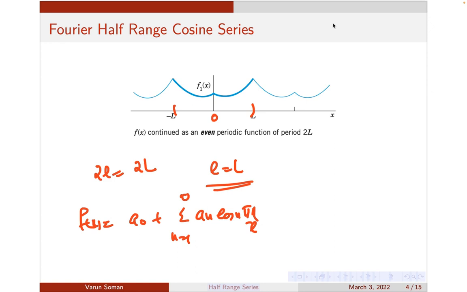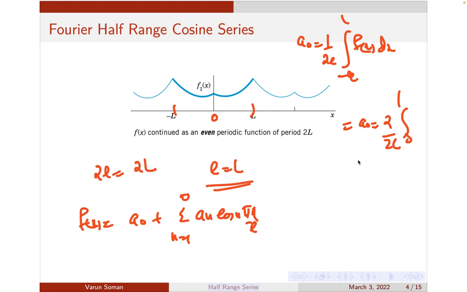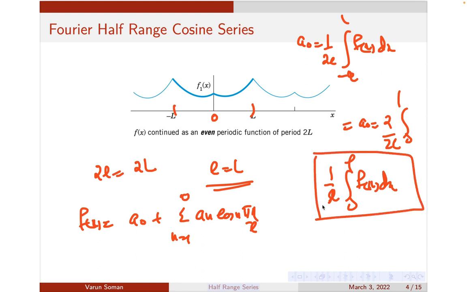Okay, so what will happen? Your value of a naught was actually 1 by 2L integral, now from minus L to L f of x dx. In other words, a naught is equal to 2 times 1 by 2L integral 0 to L f of x dx, or simply 1 by L integral 0 to L f of x dx. Similarly, what will be your an?